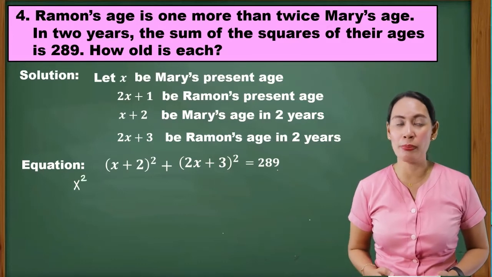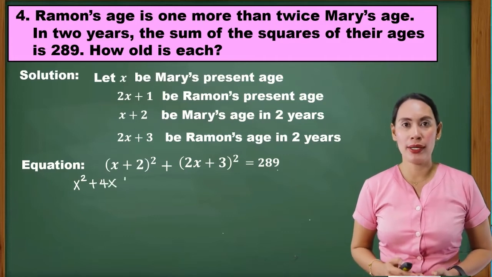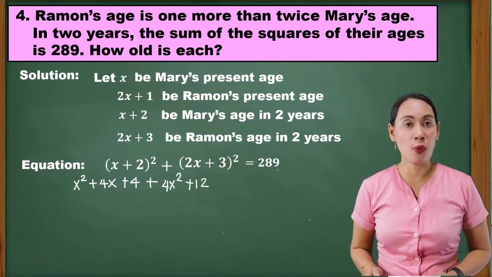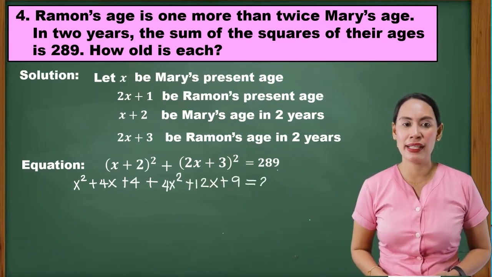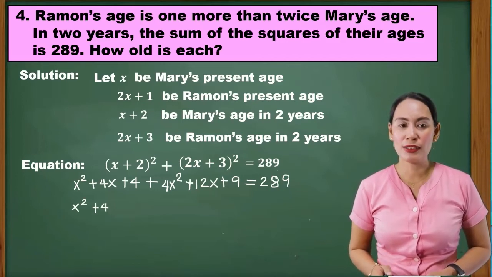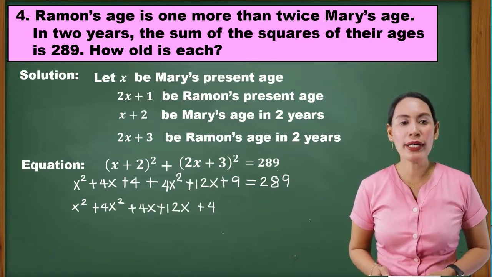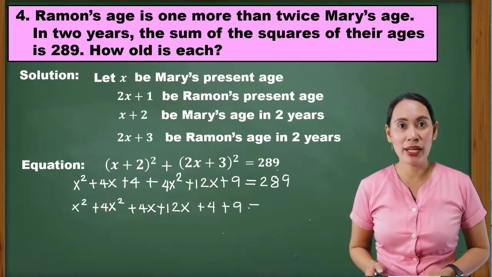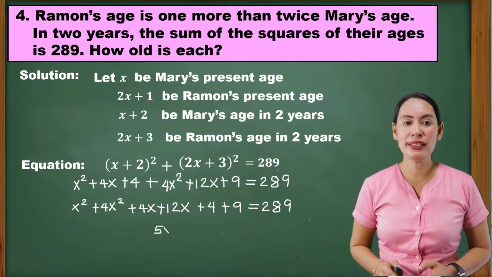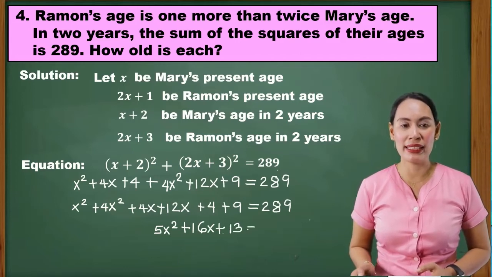Since the left side of the equation has 2 squares of a binomial, we can transform this to perfect square trinomials. So we have x squared plus 4x plus 4 plus 4x squared plus 12x plus 9 equals 289. By combining like terms, the equation becomes 5x squared plus 16x plus 13 equals 289.